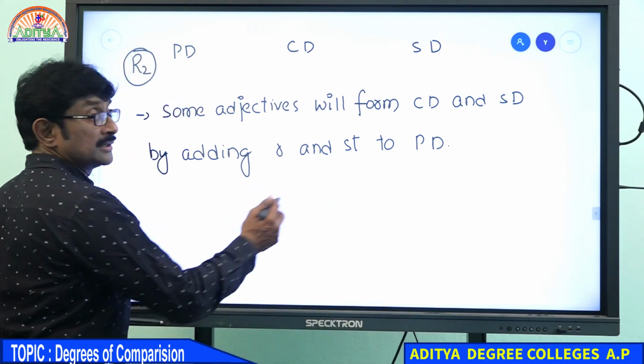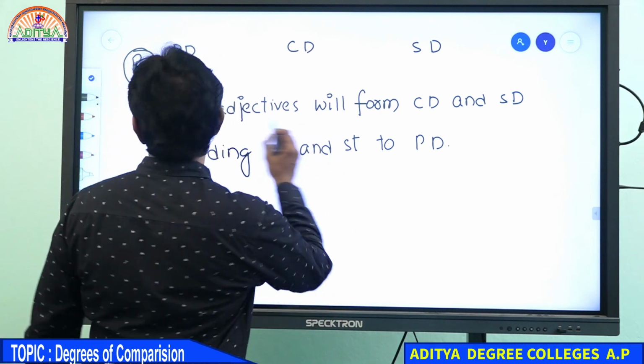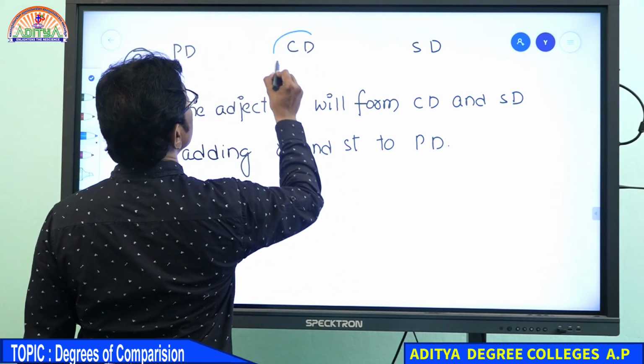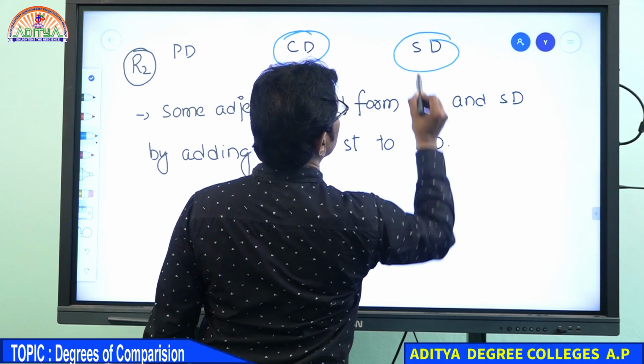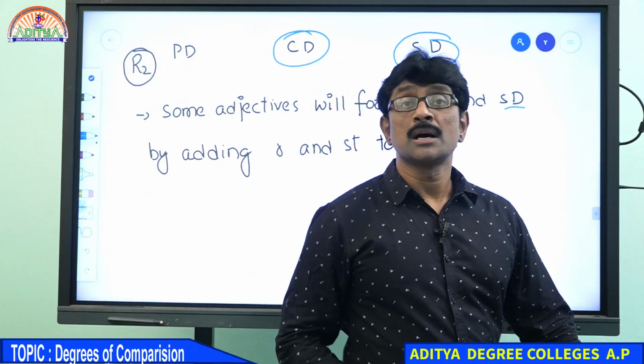Okay, students? Did you write: some adjectives will form comparative degree and superlative degree by adding R and ST?